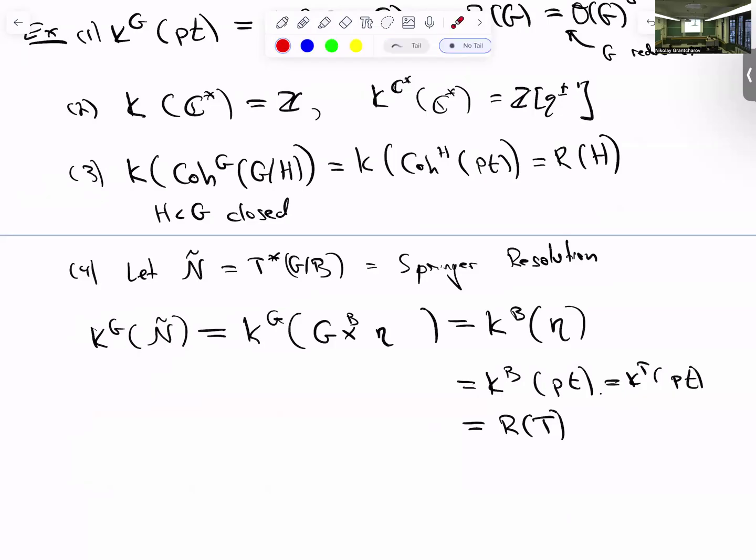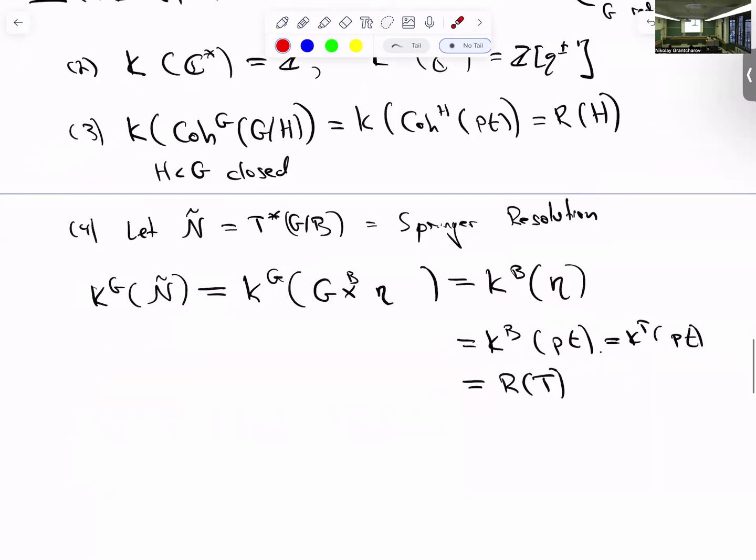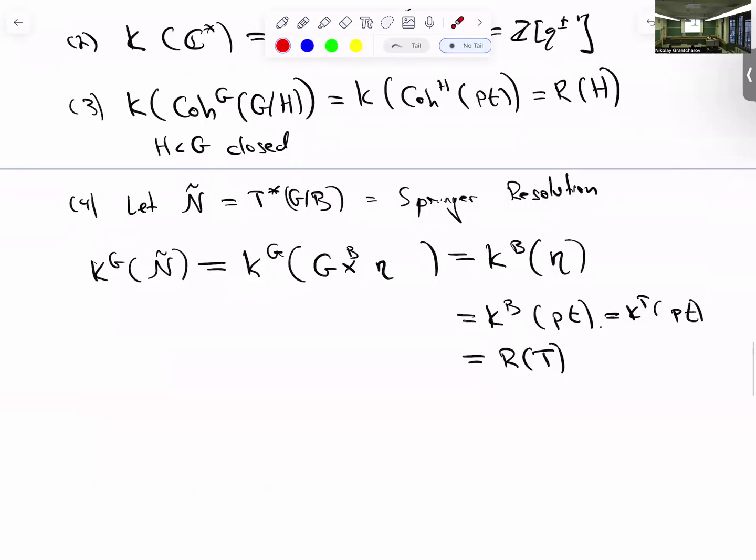So the passage from this equality to this equality is replacing the vector space by a point, but then the representation ring of the Borel is the same as the representation ring of the torus. For the same reason, the Borel is torus times unipotent, but the unipotent has no contribution. Okay, any other question?